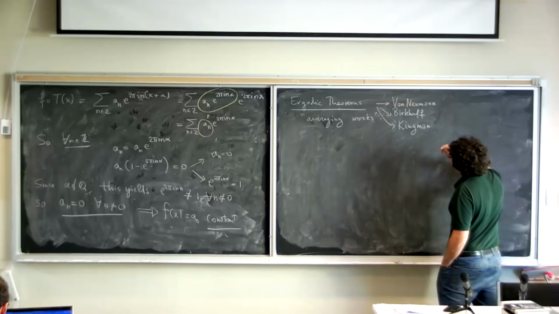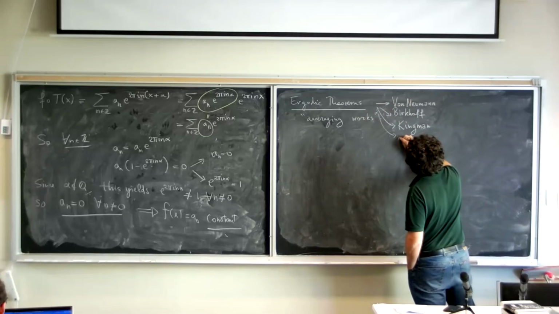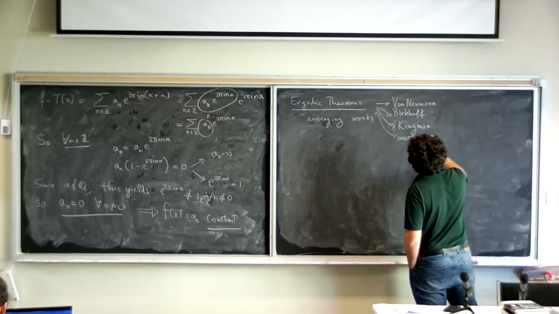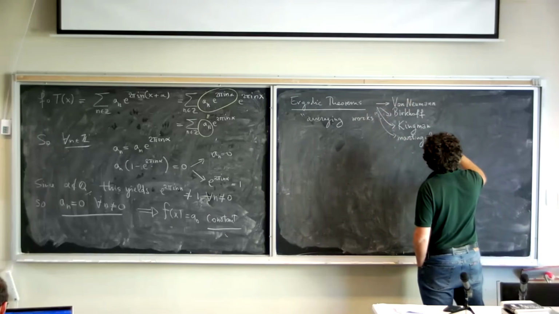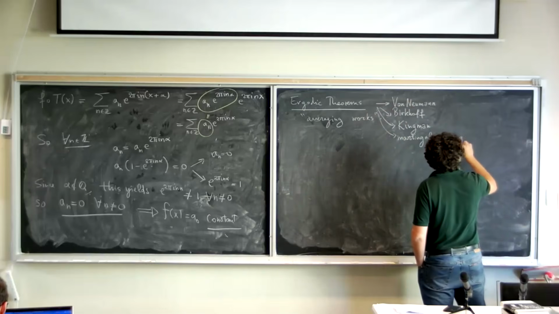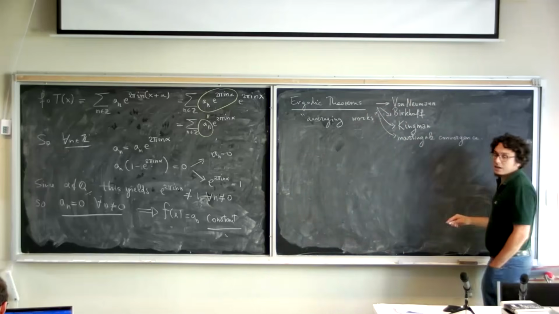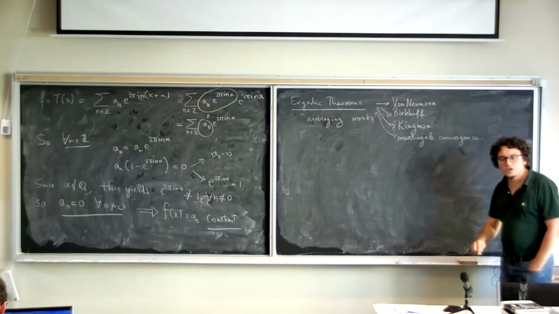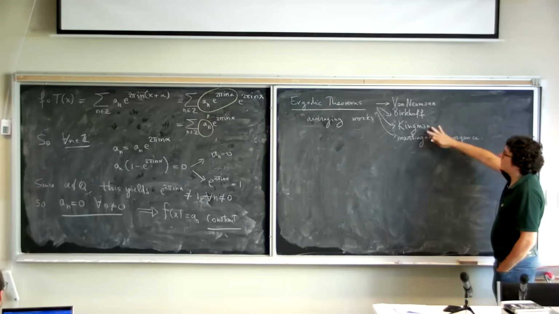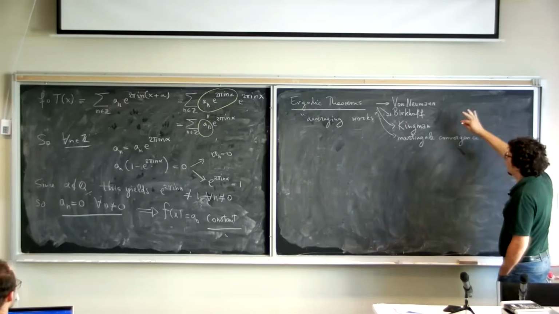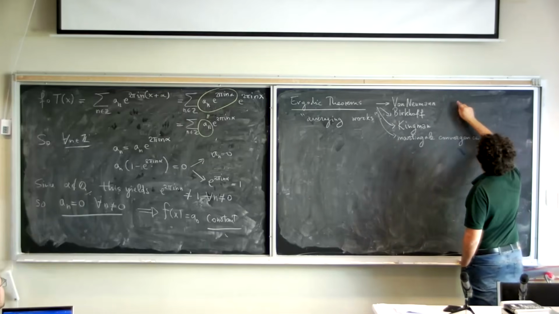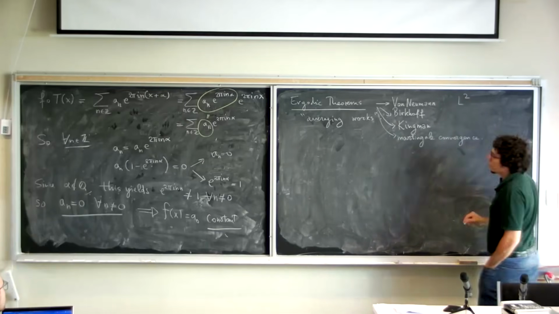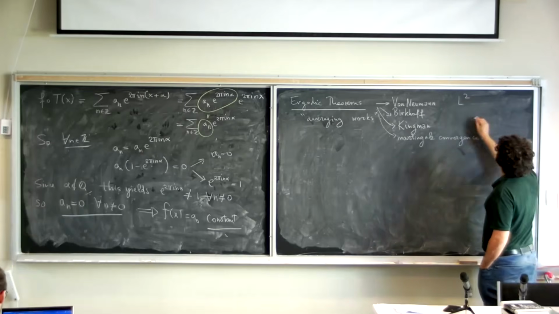In many ways, you can say the martingale convergence theorem is also some sort of ergodic theorem, even though it's not quite formulated like it, but it still tells you that some convergence exists. It's quite similar in spirit, so this would be the fourth one. The von Neumann theorem is in L2. Birkhoff is in L1.